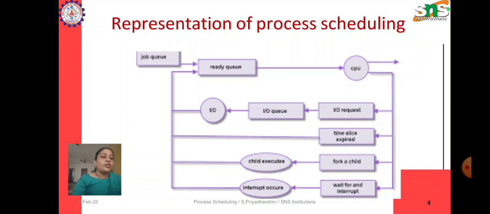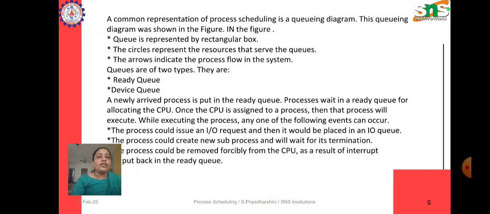If the operating system comes with a high priority process, then the running process has to be put into the waiting queue. It waits for the interrupt, and when the interrupt finishes, the process is taken to the ready queue, and from there it is dispatched to the processor for execution. So this is the representation of process scheduling. Let us have a deeper look into this.